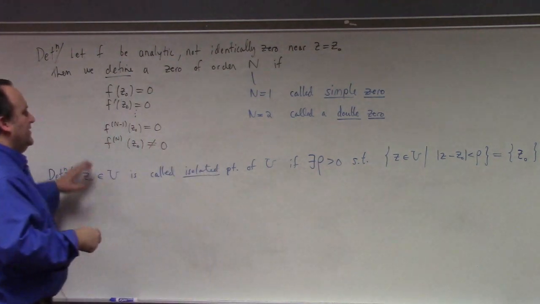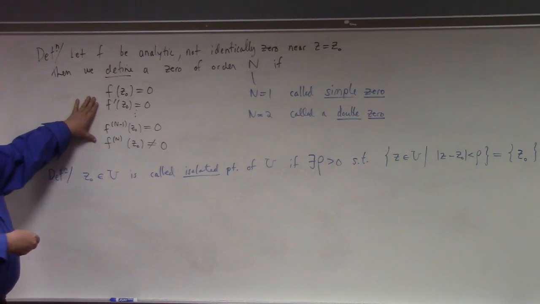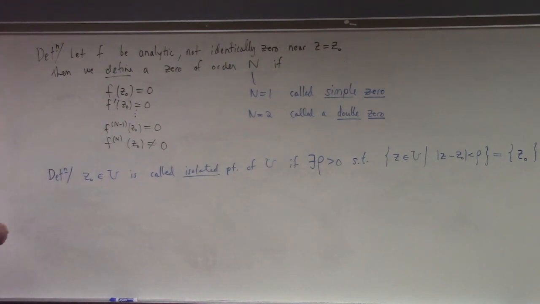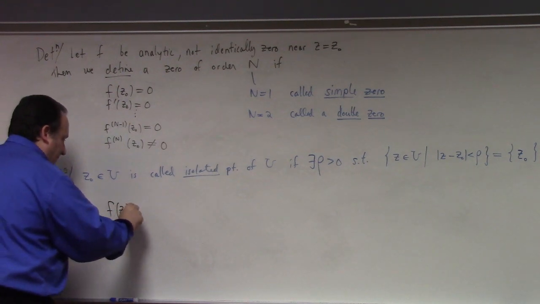Now, what does all this data mean about the formula for a function that has a 0 of order n? Can you tell me what that looks like? So if I have a 0 of order n, f of z is what?